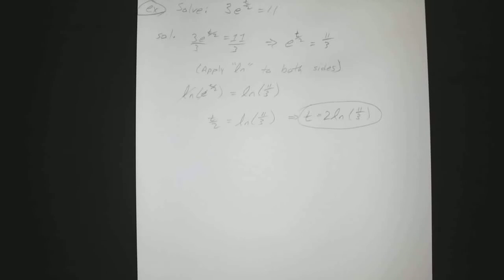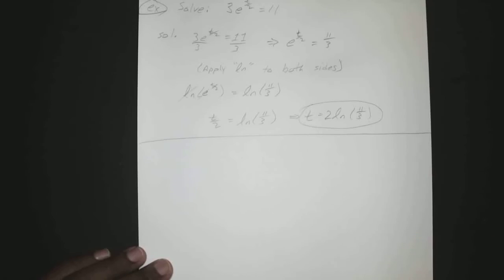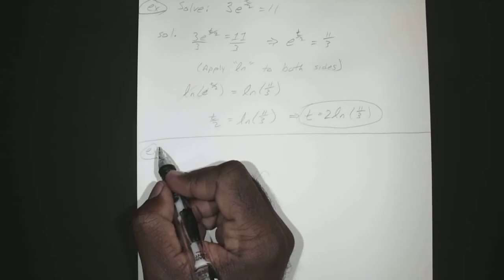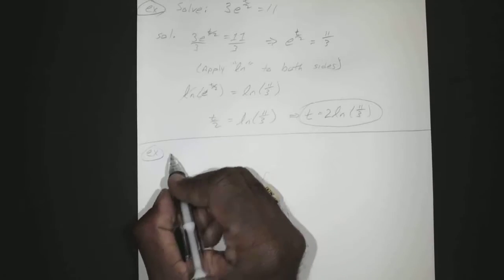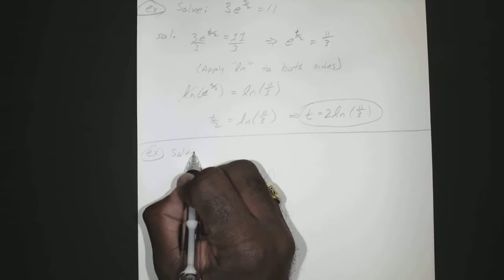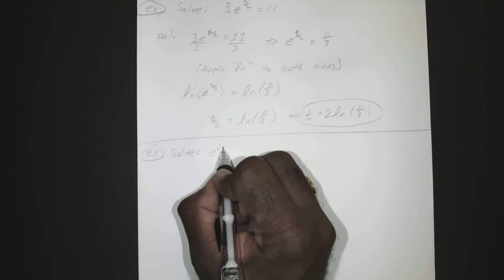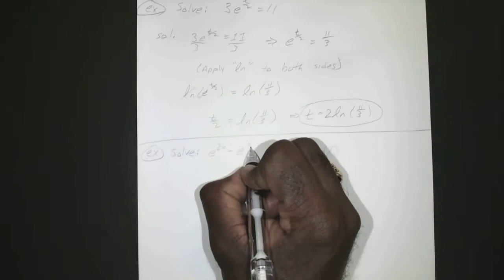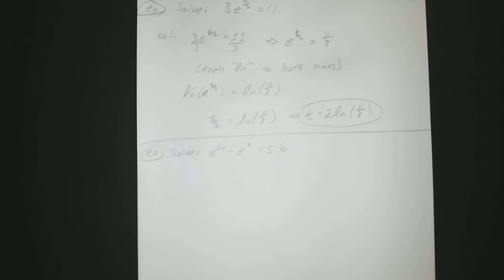All right, so let's do one more. Let's say we wanted to solve e to the power of 2x minus e to the power of x equals 56.